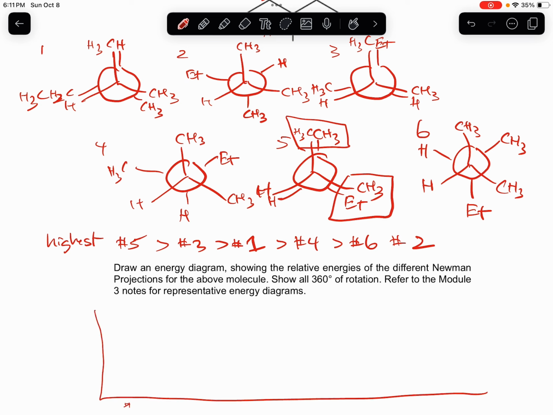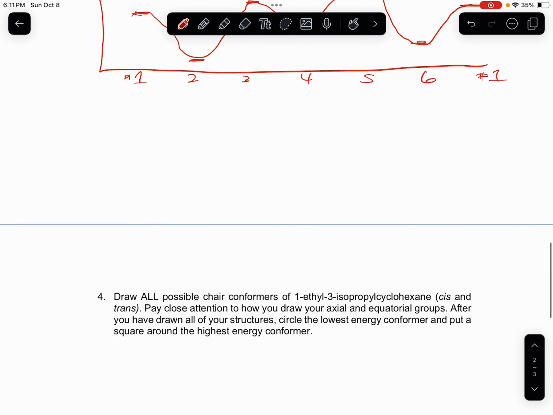So the highest is number 5. Then number 3, then number 1, then number 4, and then number 6, and then number 2. So it's kind of like an up and down and up and down. And then we end back at number 1 again. So that's how you set that up.